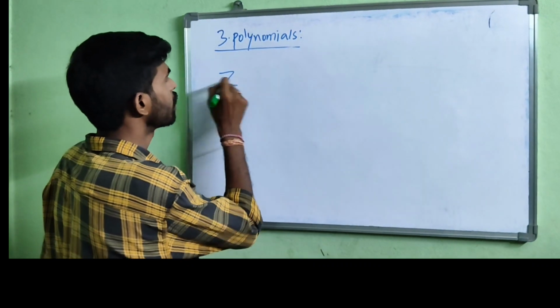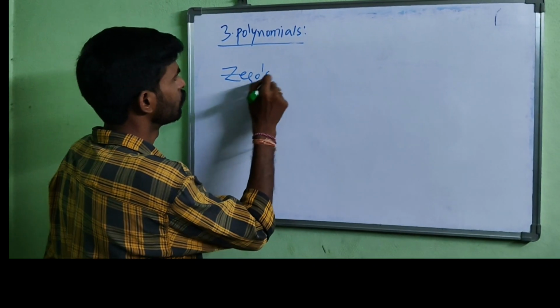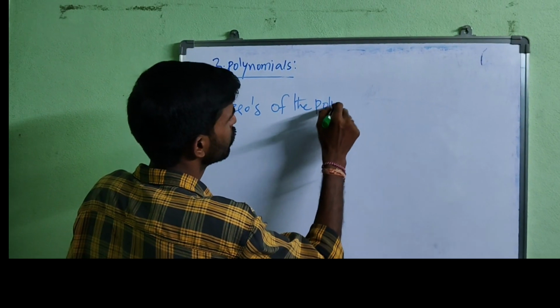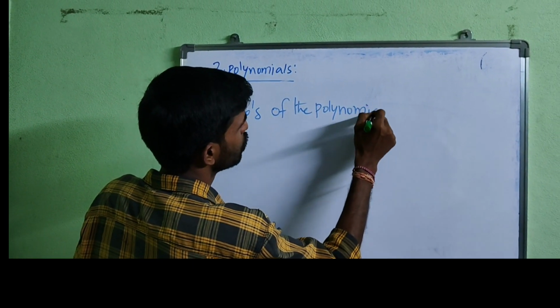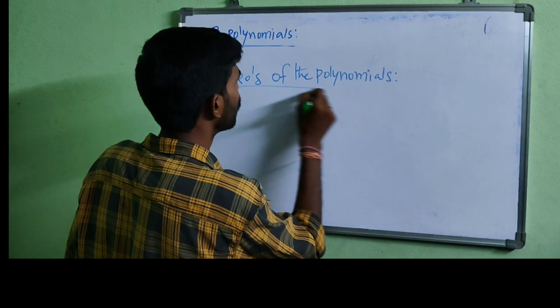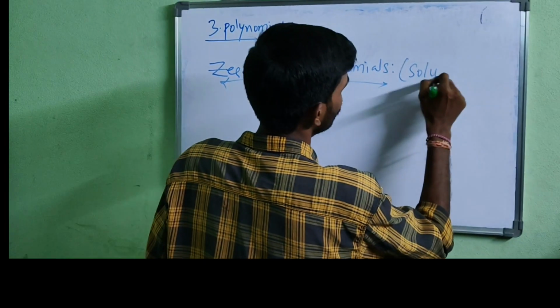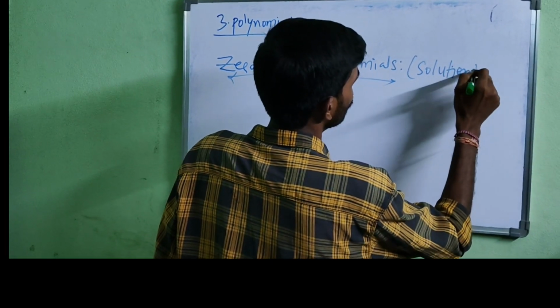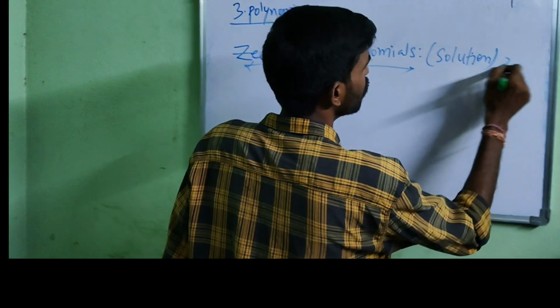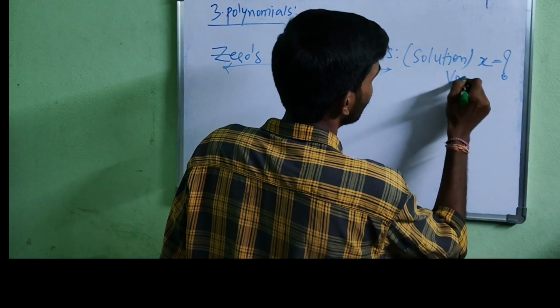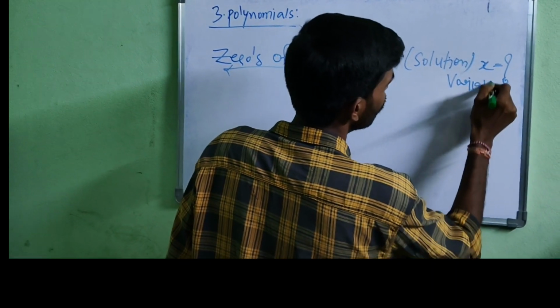Next, what are the zeros of the polynomial? Zeros of the polynomial is nothing but the solution of the polynomial. That is nothing but the value of x, or nothing but the value of the variable.